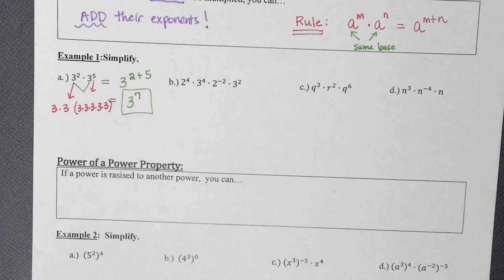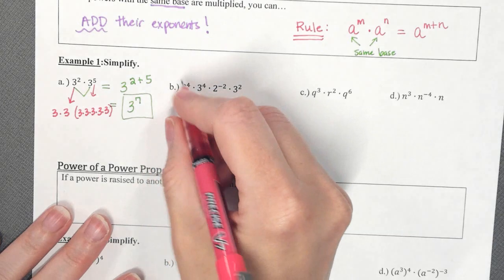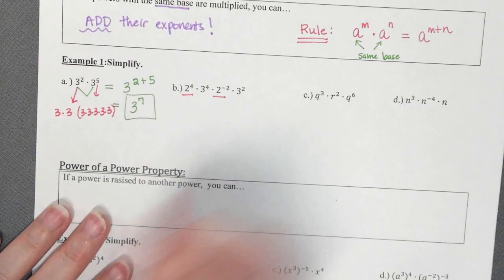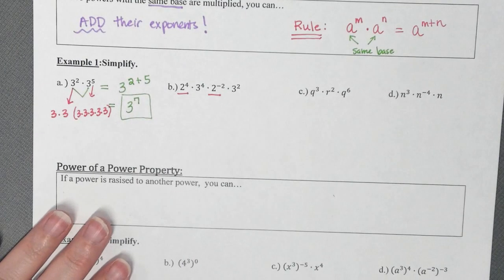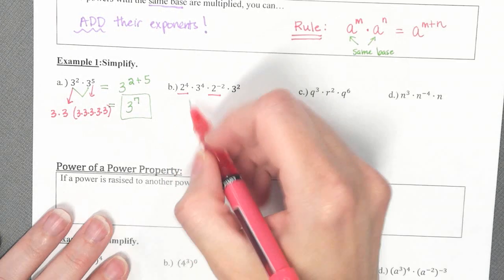Okay, for part B though, you have 2 different bases. One of your bases is 2, the other one is 3. So we're going to do this 2 different times. I like to underline which bases are the same. Those have a base of 2.